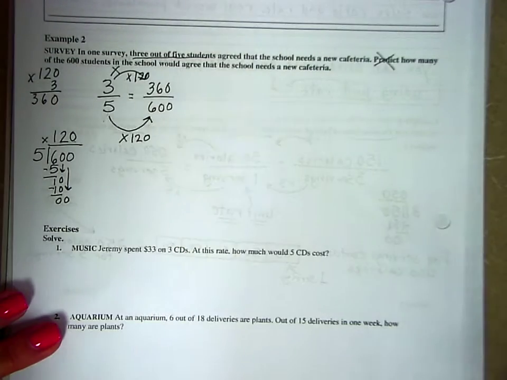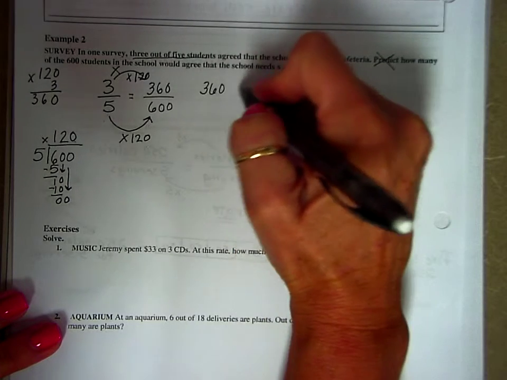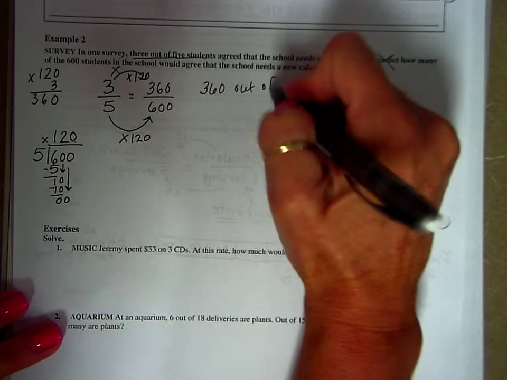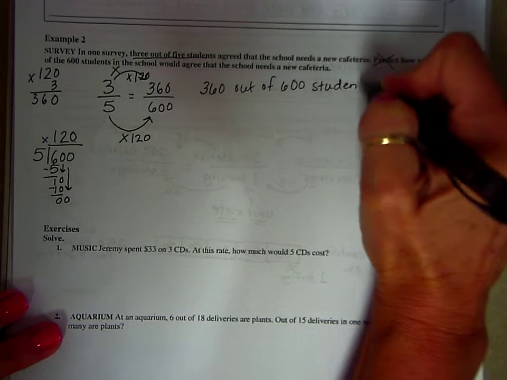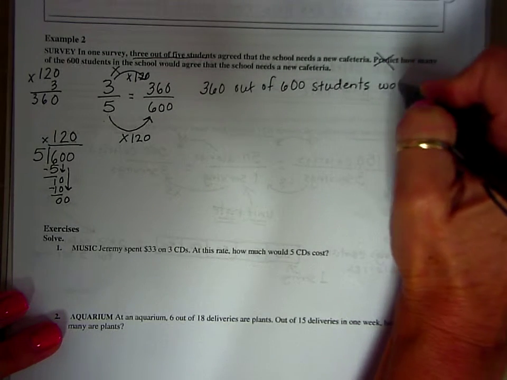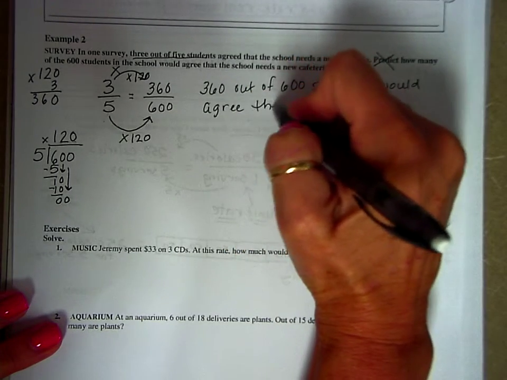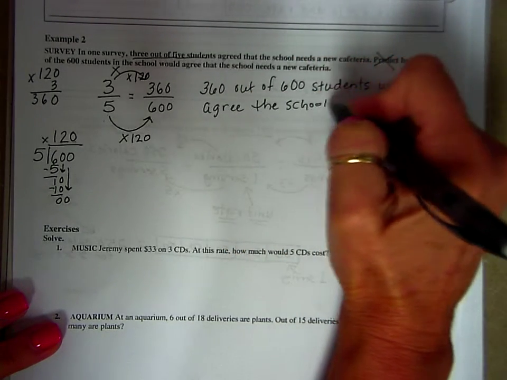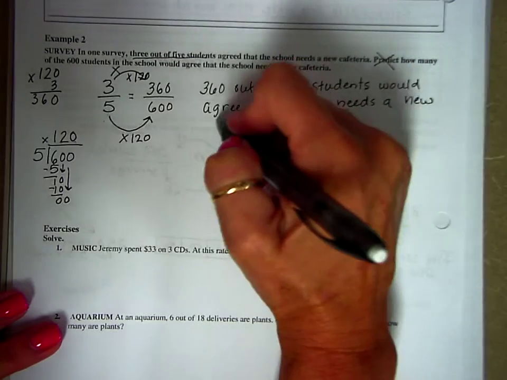Let's restate the question. 360 out of 600 students would agree the school needs a new cafeteria.